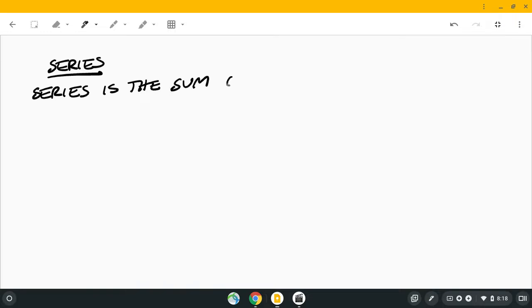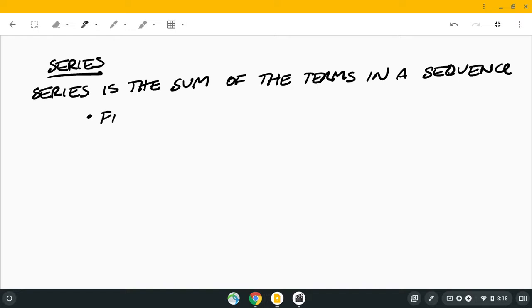Series. That's just a fancy term for the sum of the terms in a sequence. A series is the sum of the terms in a sequence. You could have a finite series.